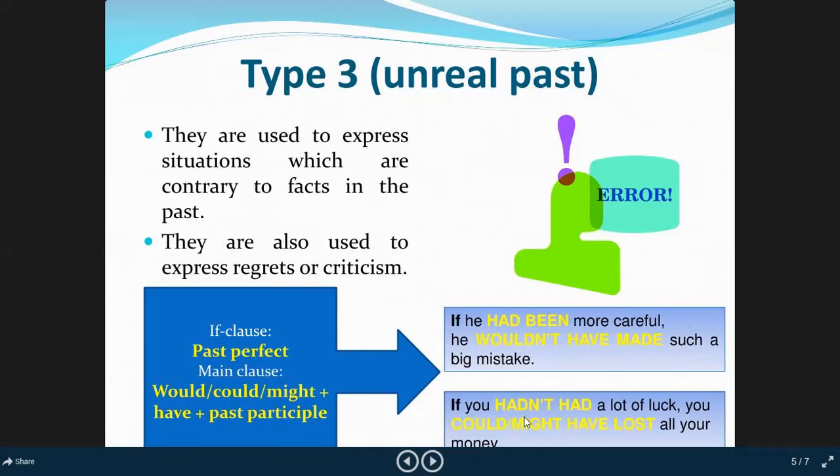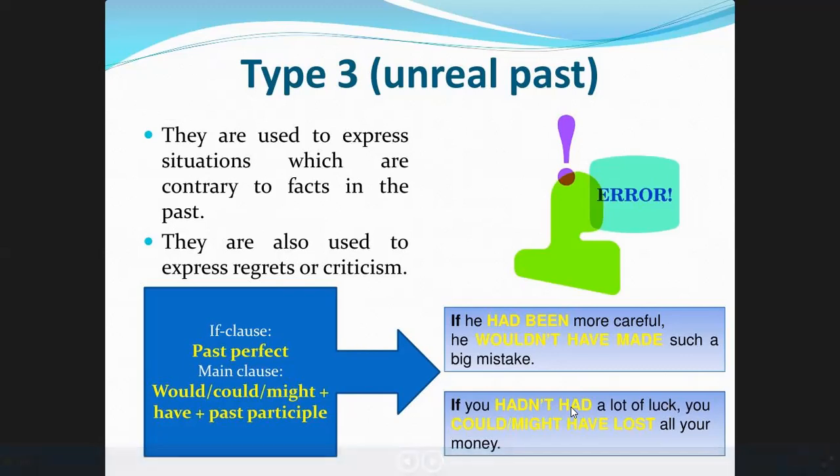Now look at the next example. If you had not had a lot of luck, again past perfect tense is used here, had and third form. We know about has, have and had. Had is the third form.